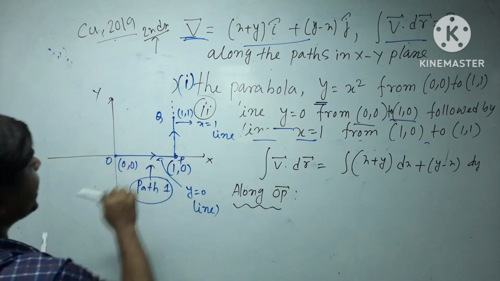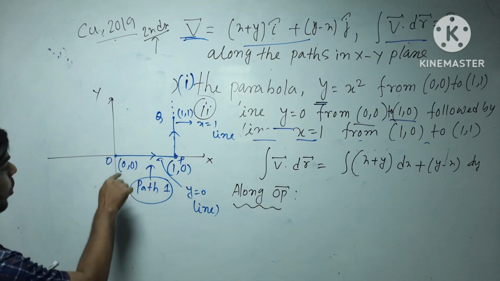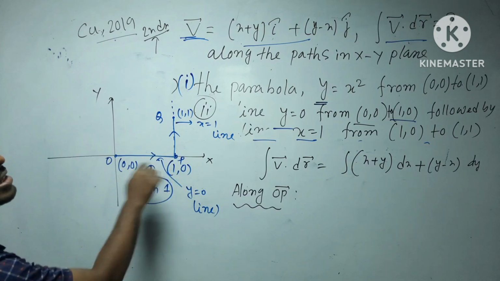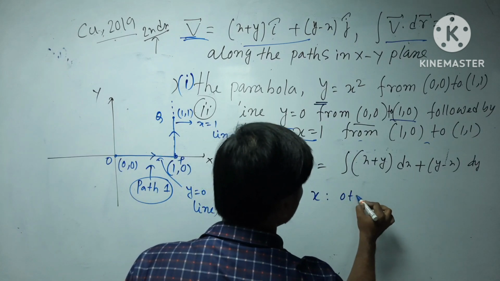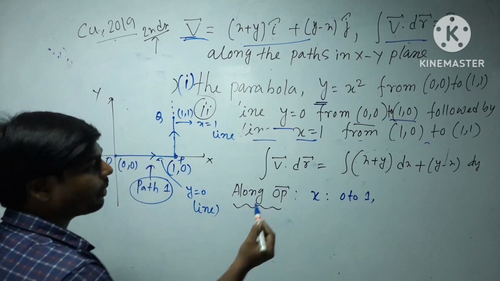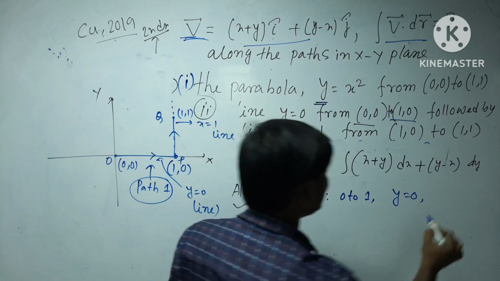So along the OP direction which parameter is changing, x or y? দেখো x চেঞ্জ হচ্ছে 0 থেকে 1, so x is changing from 0 to 1, y remains 0. So x is a variable along this path, but y is 0. If y is 0, obviously dy is 0.